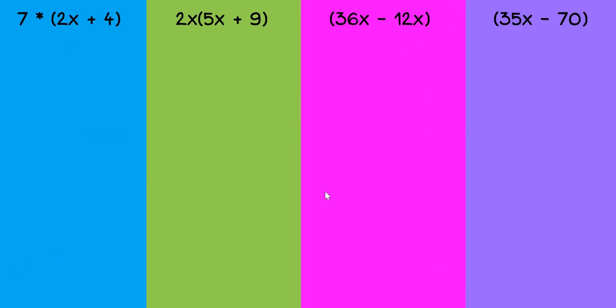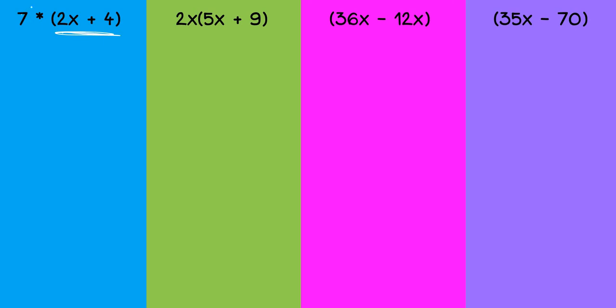Okay, so we've talked about combining like terms, and now we're going to talk about using the distributive property. So in this case, the distributive property is when you have a quantity, so something inside the parentheses, and you're multiplying it by a number. So in this case, I have the quantity 2x plus 4, and I'm multiplying it by 7.